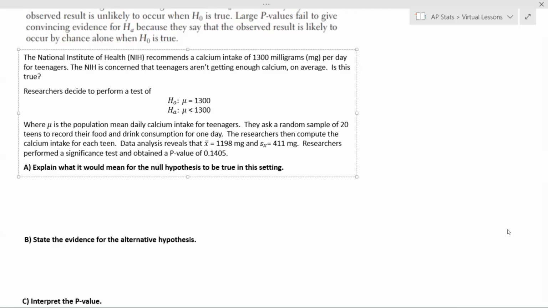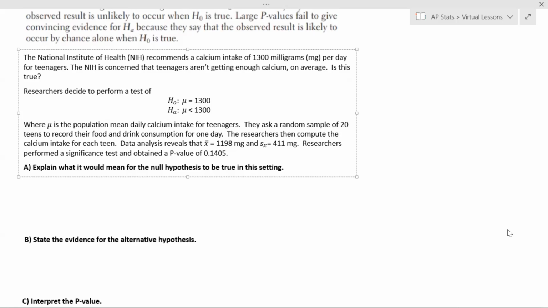They ask a random sample of 20 teens to record their food and drink consumption for one day. The researchers then compute the calcium intake for each teen. Data analysis reveals that x bar, or the average for the sample, is 1,198 milligrams. Standard deviation is 411 milligrams. And researchers performed a significance test and obtained a p-value of 0.1405.